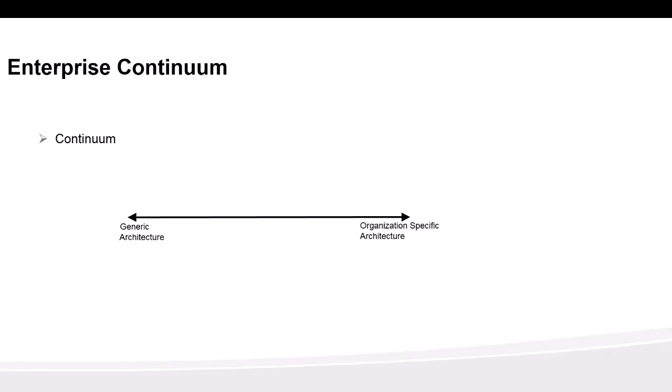The left side of the line is the generic architecture and the right side is the specific architecture. Now, if you map your company's architecture along this line, your specific company's architecture will be towards the right of the line and any generic architecture will be mapped towards the left. So with enterprise continuum, any generic solution or architecture can be brought into your organization to create your architecture.